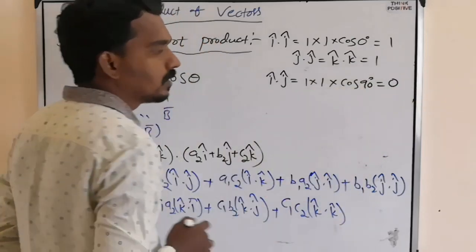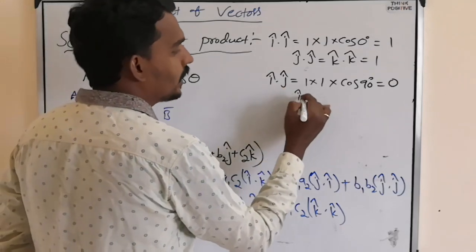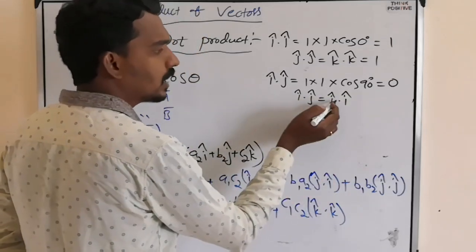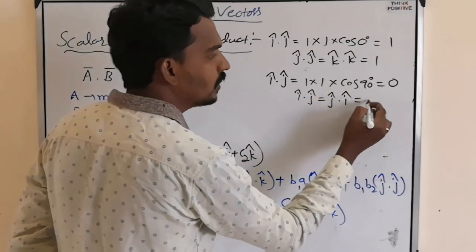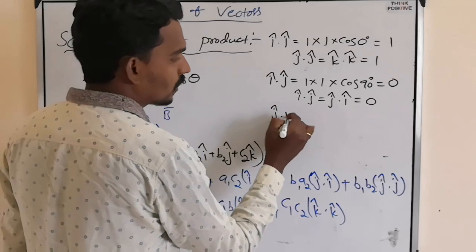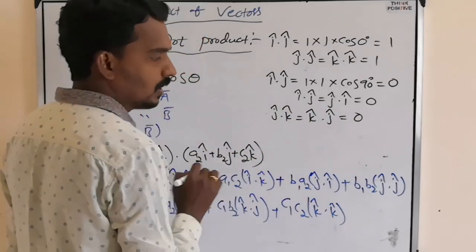Cos 90 is 0. You take j dot i, also the same. I dot j or j dot i is also 1 into cos 90, so again 0. Similarly, j dot k or k dot j is also 0.